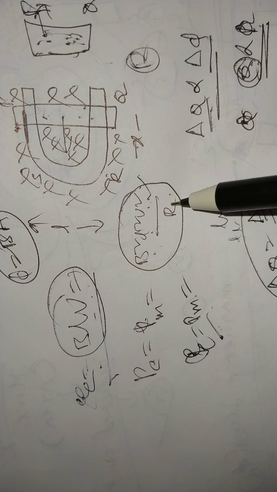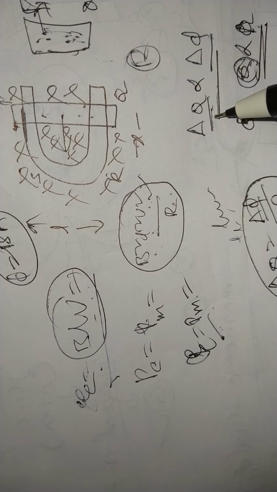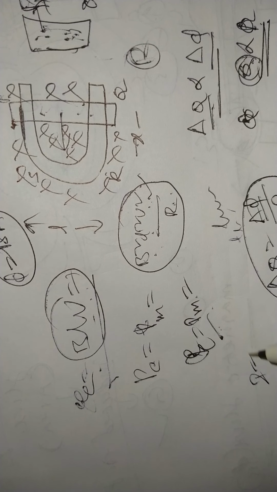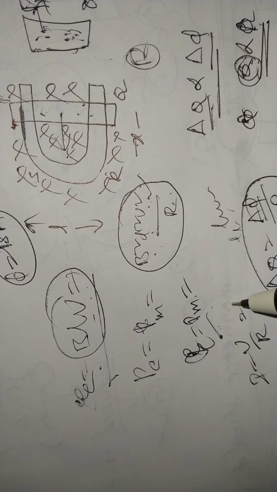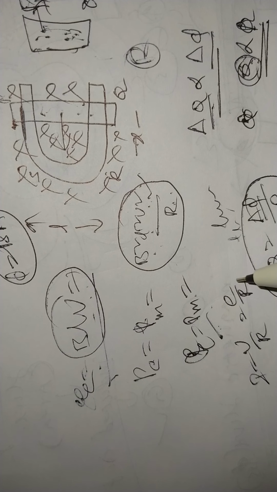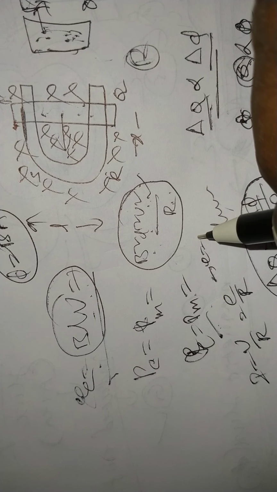We can derive the relation between the charge carriers and flux. According to Ohm's law, I is equal to V by R, that is equal to E by R. Okay, that is E is equal to IR.